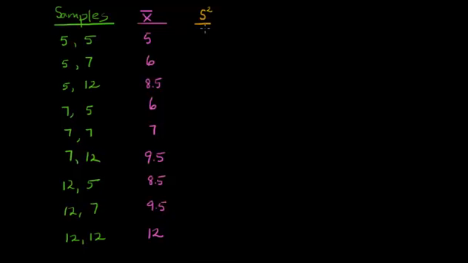Okay, so the first one, we'd have 5 minus the mean, which is 5, that squared, plus, we're summing all those up, here's another 5 minus 5, the value of x minus the sample mean squared, all over, our sample size is 2, but then we subtract 1. So we get 0 plus 0 over 1, or 0. So the variance for this first sample here is 0.